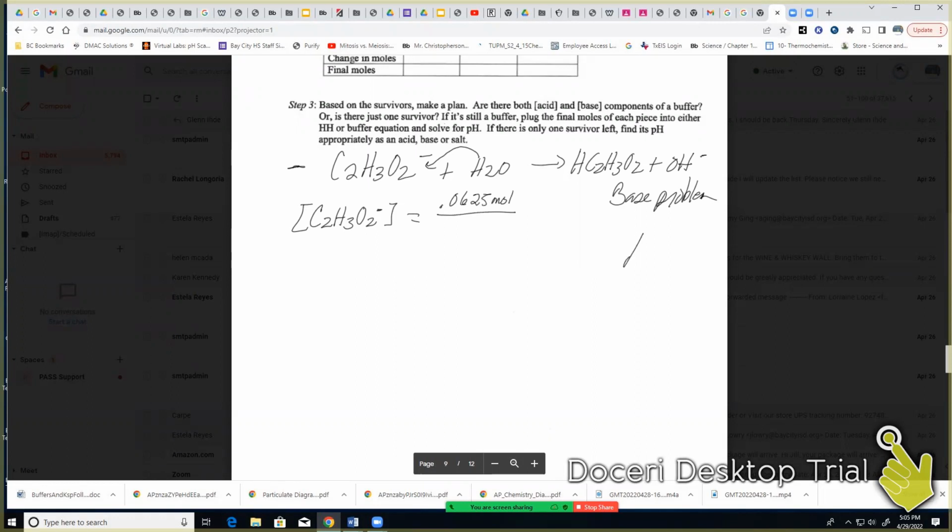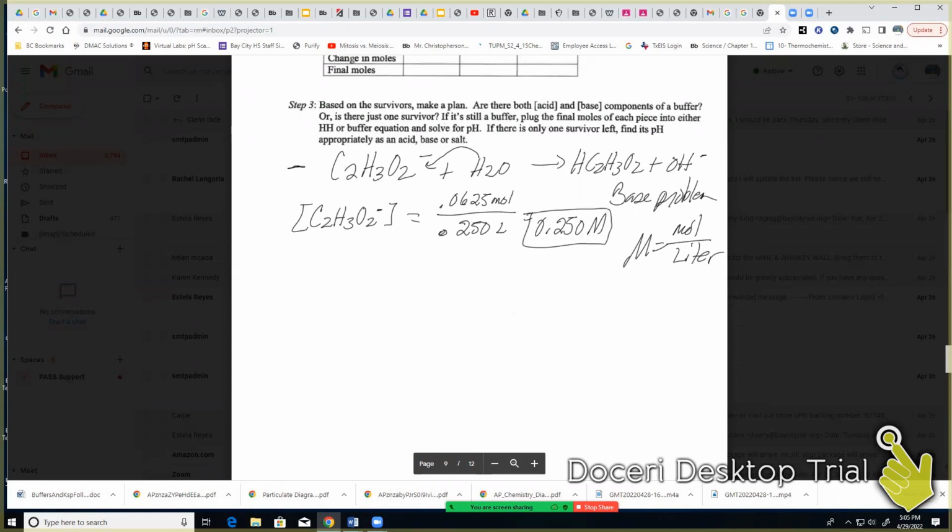And remember, molarity is moles per liter, and that is total liters. So I had 0.125 of my sodium hydroxide and 1.125 of my acetic acid. So that gives me a total of 0.250 liters, which is going to give me 0.250 molar.